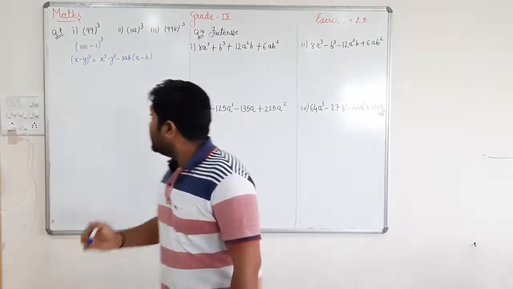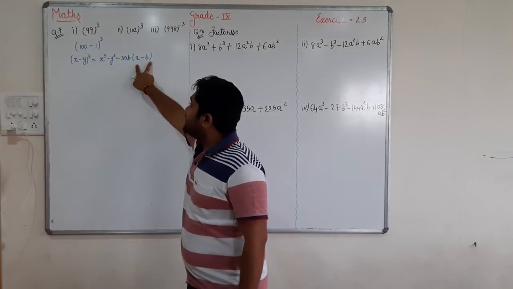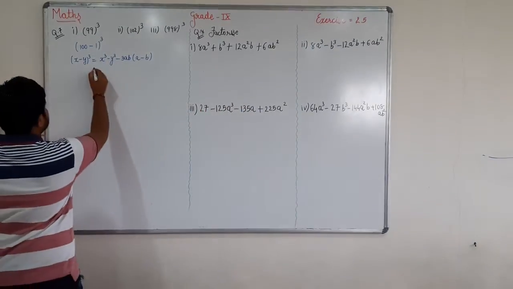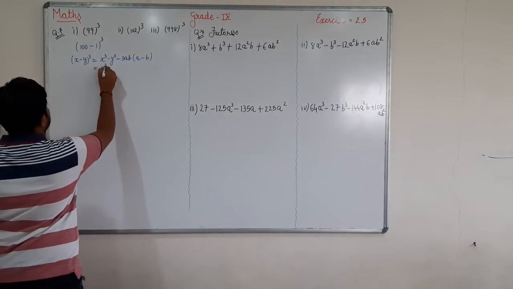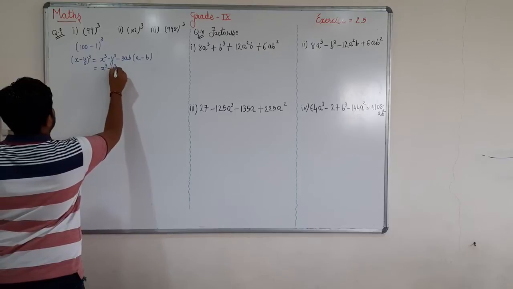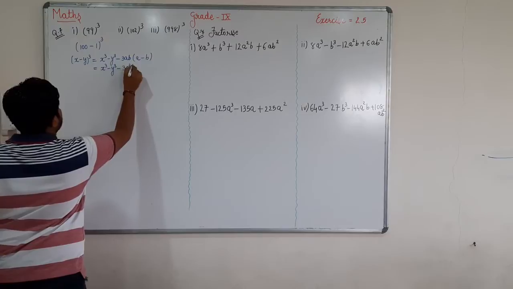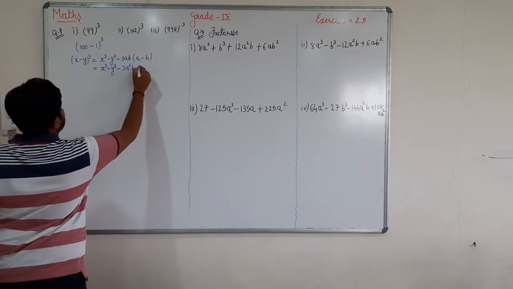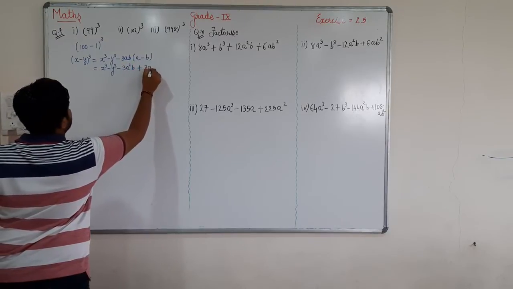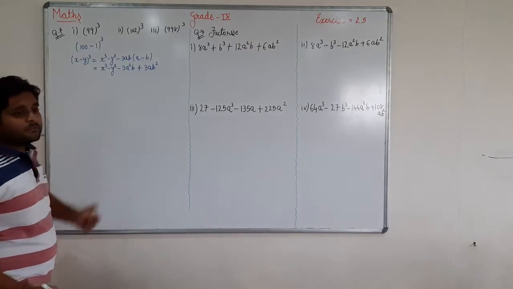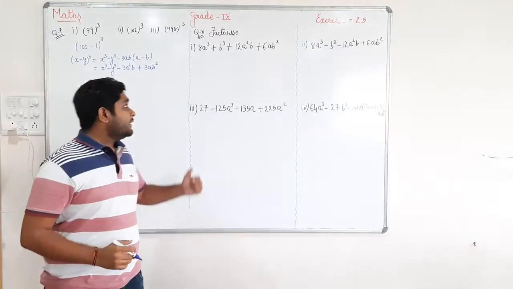So here a minus b is in the bracket. If we remove the bracket, then it will be a cube minus b cube minus 3a square b plus 3ab square. Okay friends, so this is the expanded form of (x minus y) all raised to power 3.